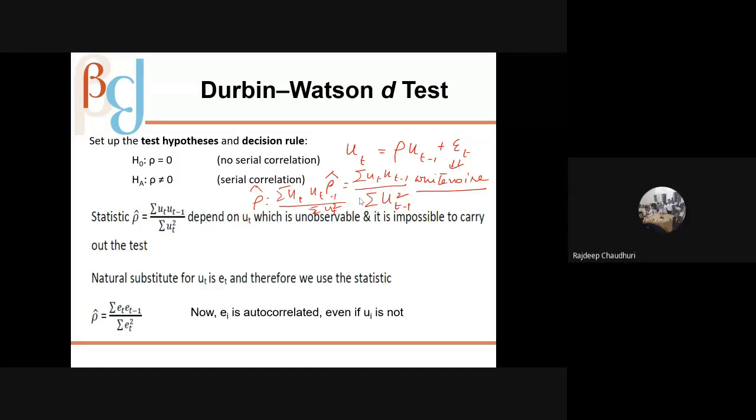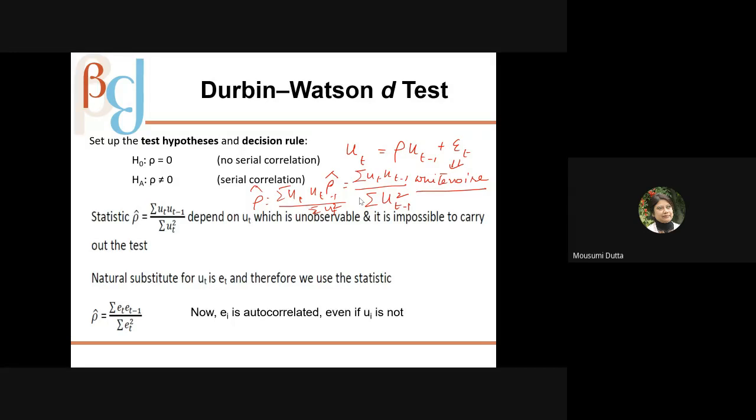Whatever be your suggestion, the problem is ut is unobservable. Whatever be your suggestion, in the denominator t minus 1 or t, it looks like a classical model, so I'll use rho hat equal to this. All these suggestions will go in vain because ut is not observable.